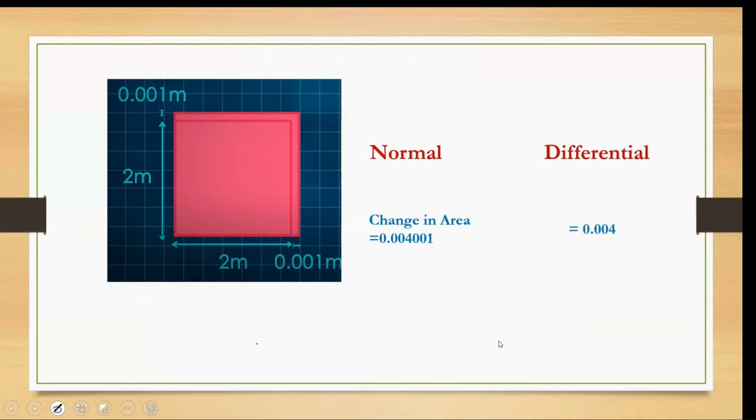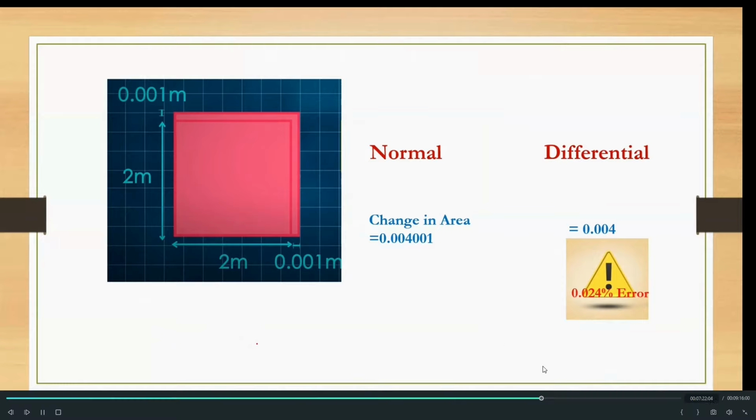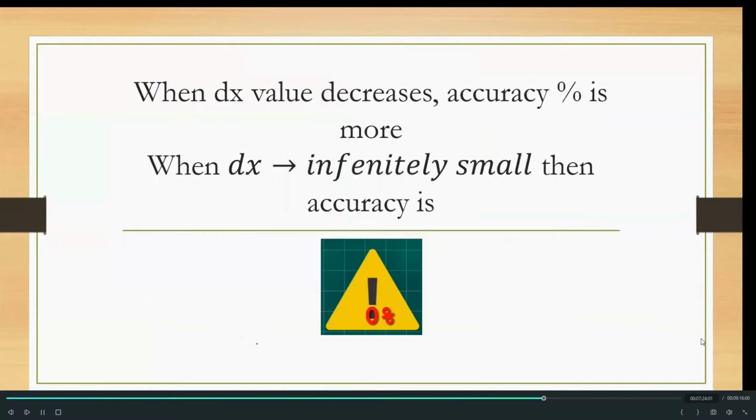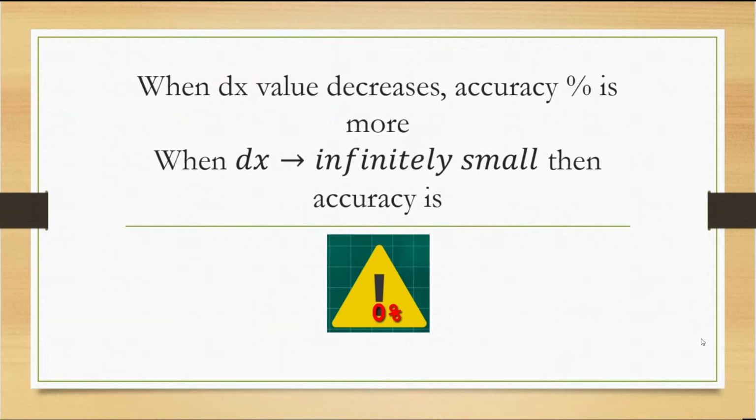When you substitute it, you will get 0.004, which is 0.024% error. So from this, what we can conclude is, when you reduce the change in length, your accuracy is more. When the dx value is infinitely small, which tends to 0, your error is 0%. You will get the exact answer.